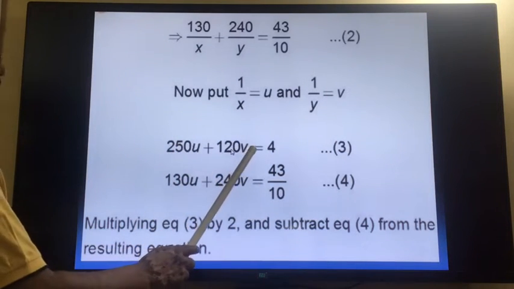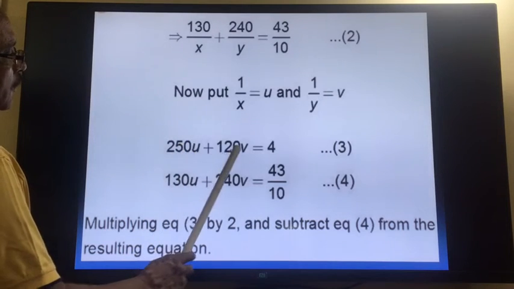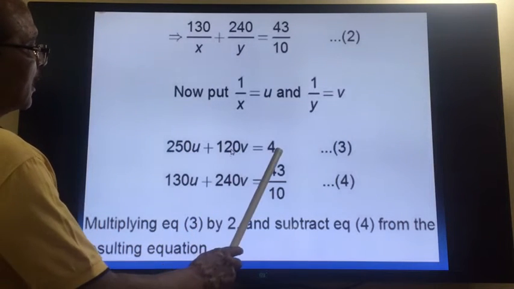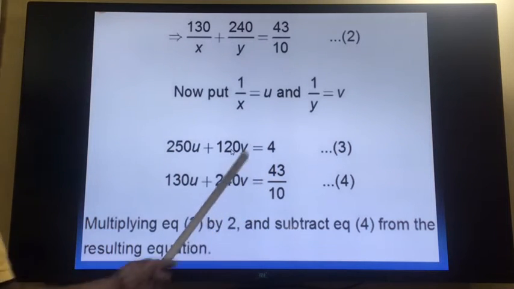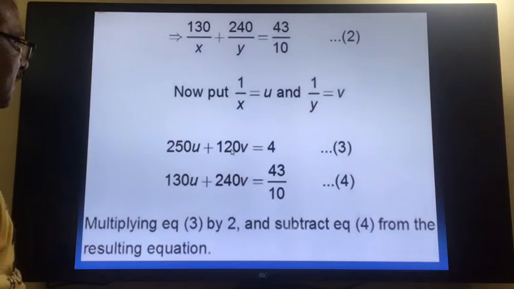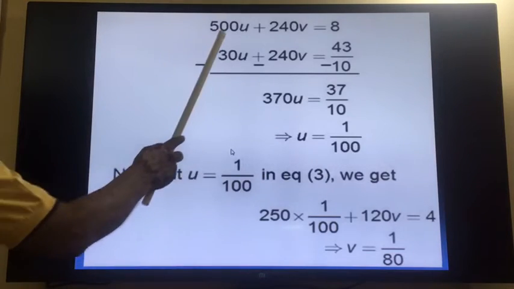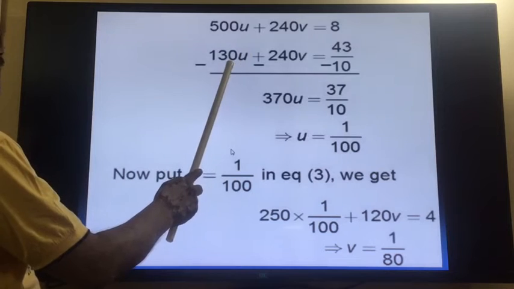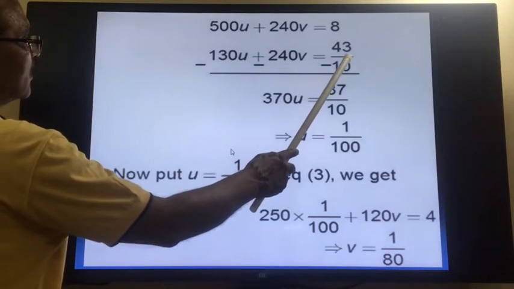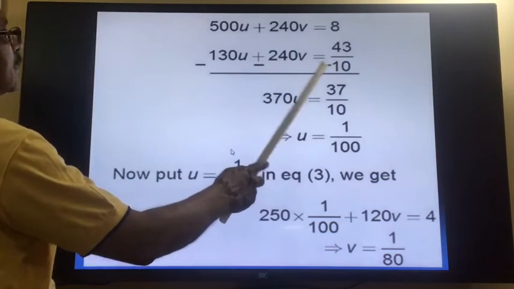So if you multiply it by 2, it will be 500u plus 240v is equal to 2 into 4, that is 8. So this will be the equation, and the other we can take as it is. So 500u plus 240v is equal to 8, and the second equation 130u plus 240v is equal to 43 upon 10, with a minus here. Why minus here?